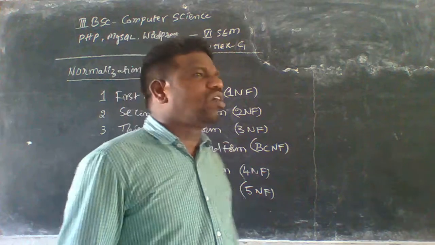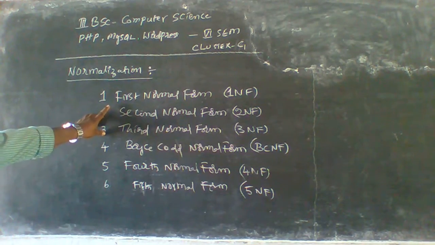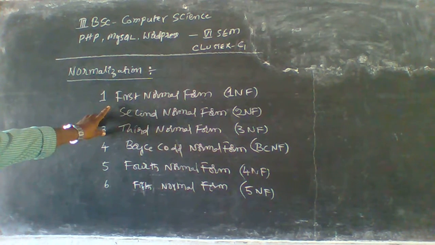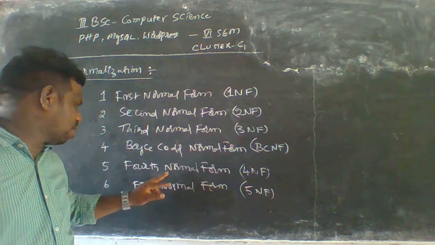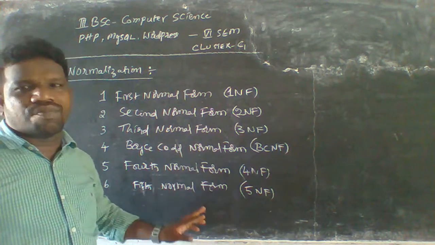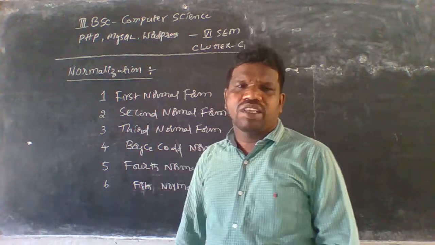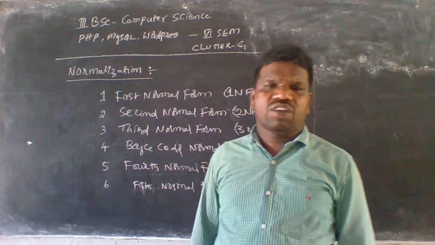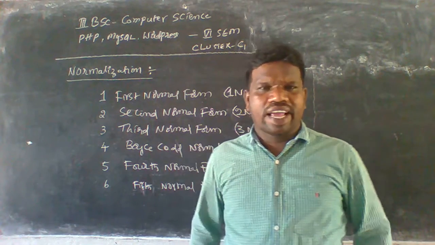These are the first normal form, second normal form, third normal form, BCNF, fourth normal form, and fifth normal form. These are called the normal forms. Let me now explain the first normal form, 1NF.